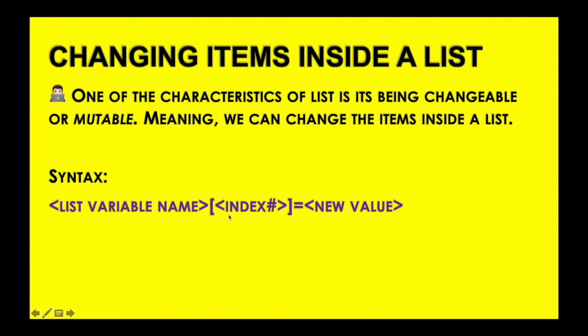So this will be the old value. Just indicate the index number, then the new value. So if this is a string, this should be a string. Okay, so that is the basic syntax on how we can change an item inside a list.